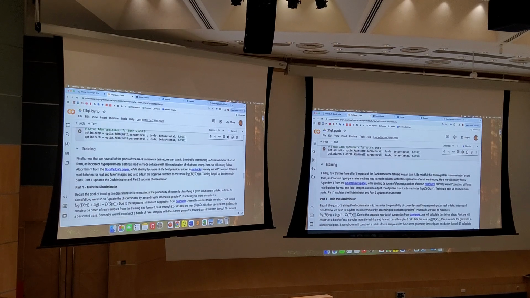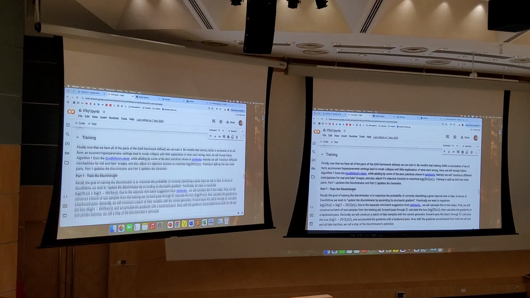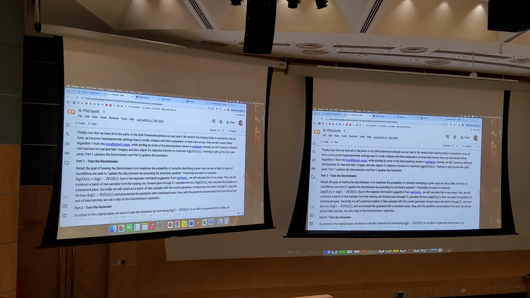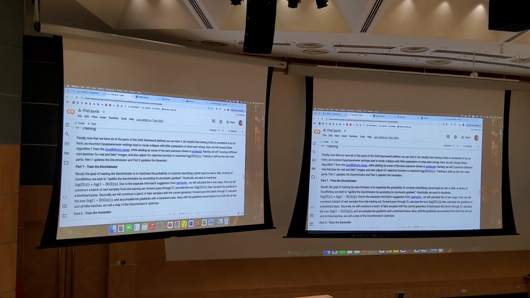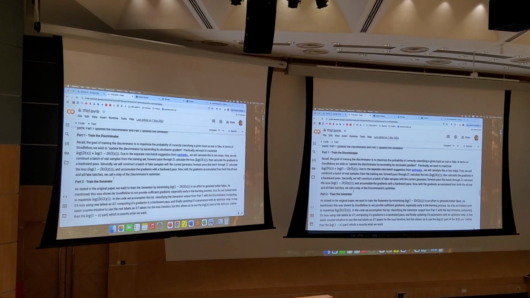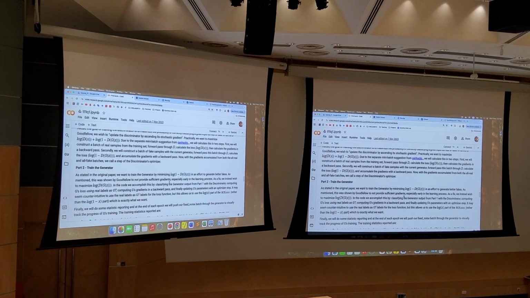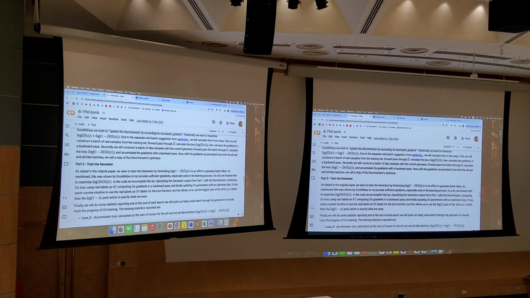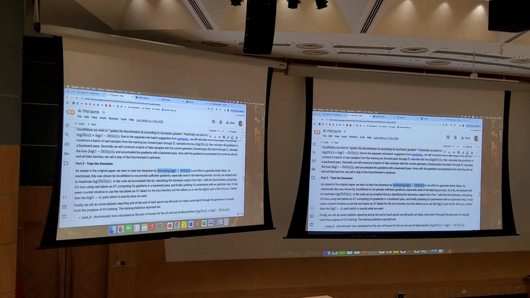Okay, the training of DCGAN is more or less the same as the examples that we have covered in the main lecture, but there is a slight difference in terms of the loss function of the generator. Remember the generator is trying to minimize this term. If you go back to the lecture notes, the generator is trying to minimize this loss.